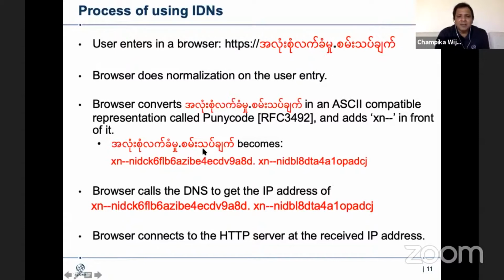So this Myanmar script will be converted to XN hyphen some ASCII string dot XN hyphen another ASCII string. Actually, this whole Myanmar script will get converted into this. So this is an ASCII label or an ASCII domain.